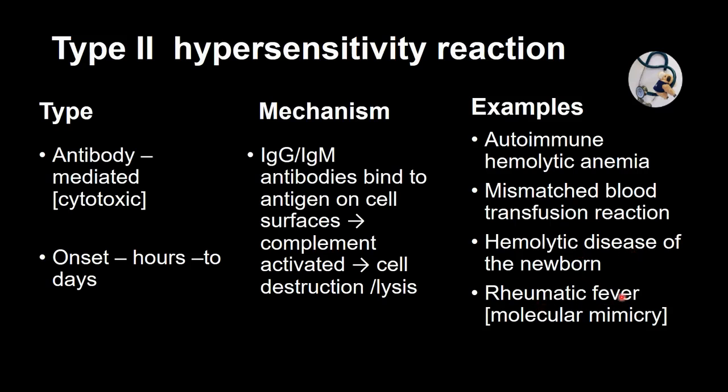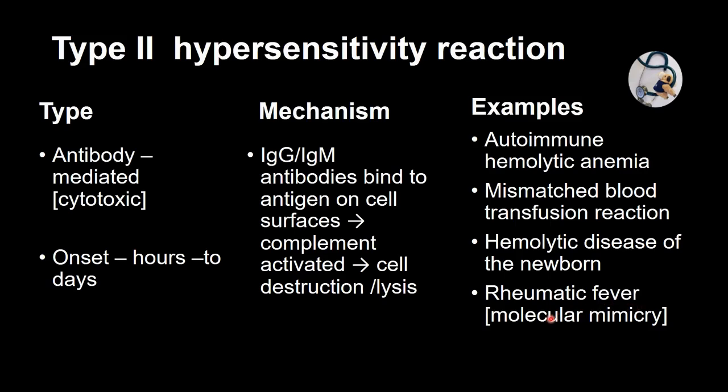and rheumatic fever. In rheumatic fever, it is not exactly occurring in this phase, but partly it is following this mechanism. In rheumatic fever, there is molecular mimicry. This means there is some antigenic similarity of the body tissues with the streptococcal pathogen.